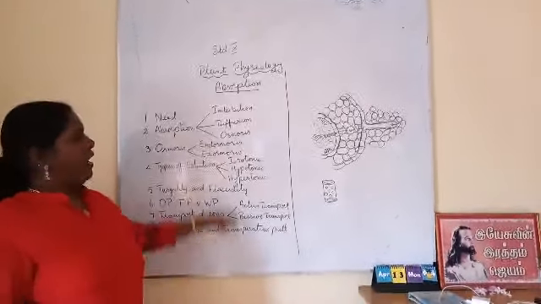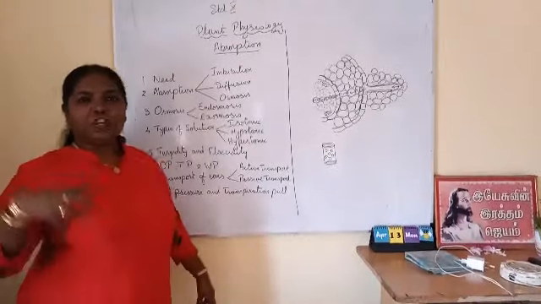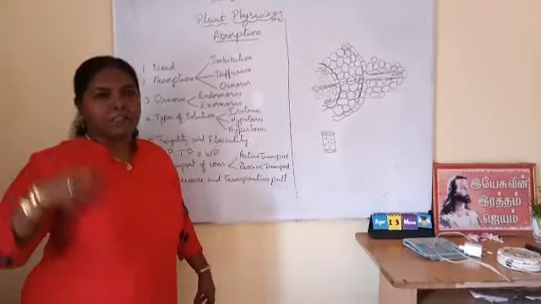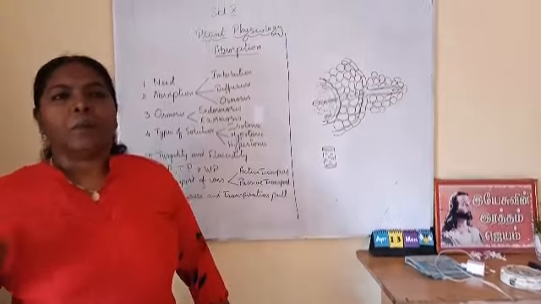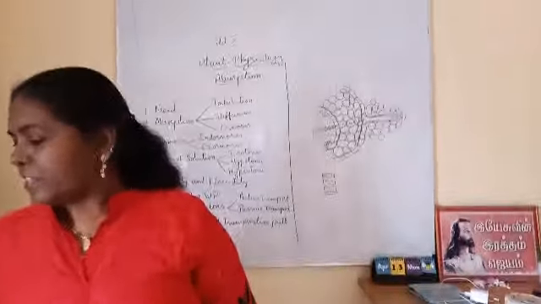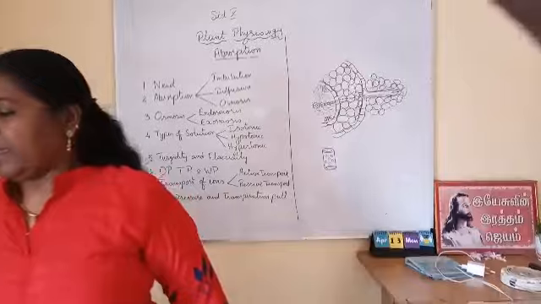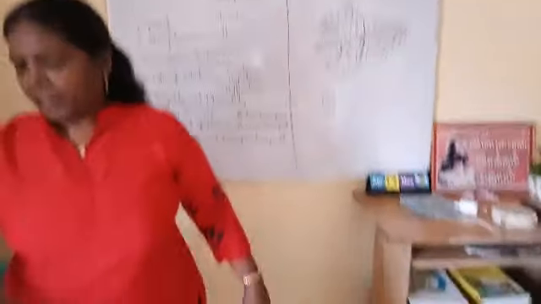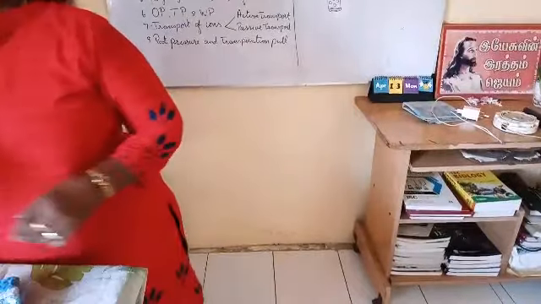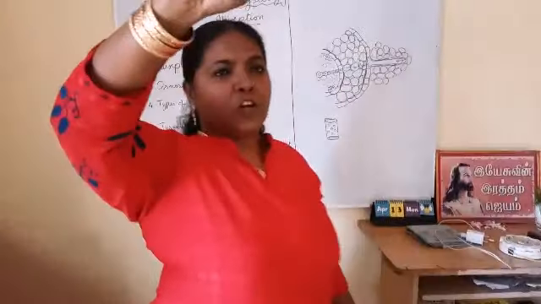Imbibition. Imbibition is the entry of water into a substance by surface attraction. Surface attraction. In this one example, we can see the raisins. The raisins are of this size.